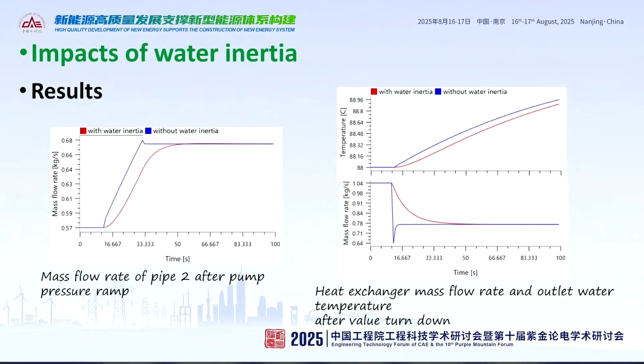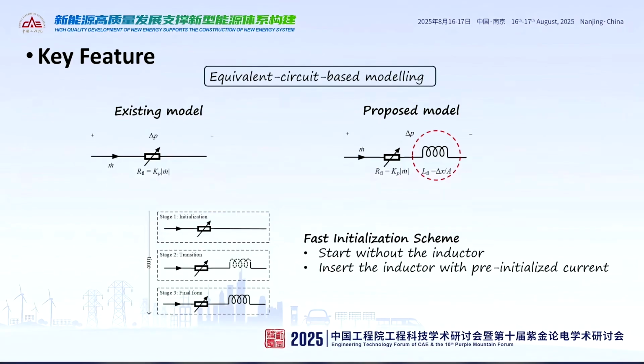If we want to bypass the inertia to start faster, we can use a special method. When we start the model, we can start it without the inductor.